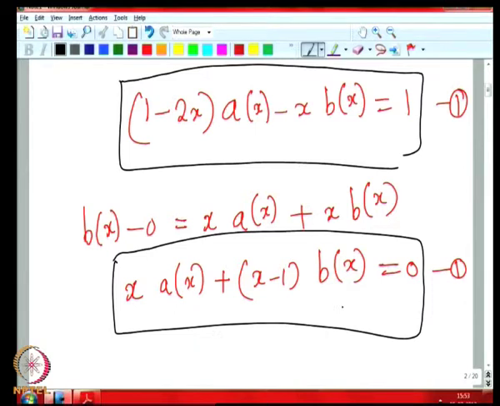Similarly, after getting A of x we can solve for B of x. I will leave it to you to figure it out. That way we get the generating function for A of x as well as B of x, right.